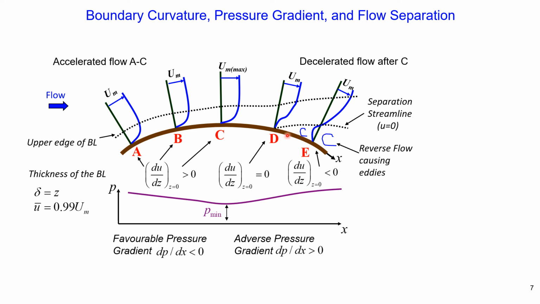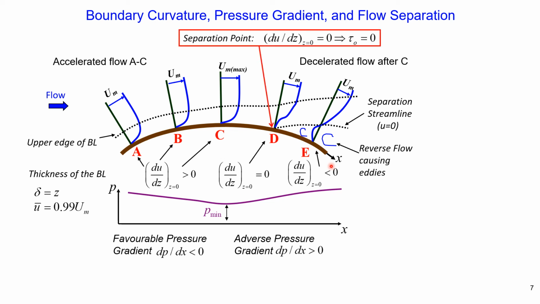And within this region we have reverse flow, velocity is negative, and this reverse flow region causes eddies, and because we have different pressure in front of the structure and behind the structure, this affects the drag force. Point D is called the separation point, so the velocity gradient at this point is equal to 0, therefore wall shear stress is also equal to 0.